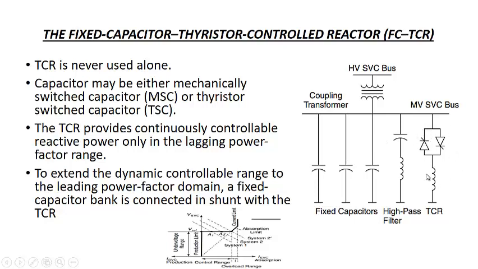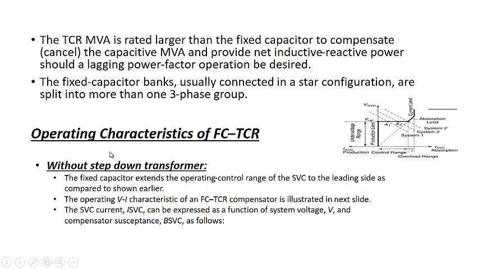It should be inductive reactive, that means lagging in nature. That's why the rating of this TCR should be more as compared to the capacitor. The fixed capacitor banks, usually connected in star configuration, are split into more than one three-phase group. So we do not connect the whole capacitor as one single three-phase group; we can connect them as small, more than one three-phase groups.